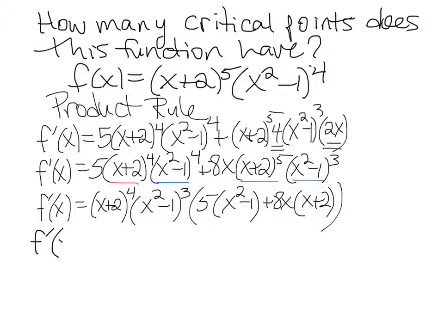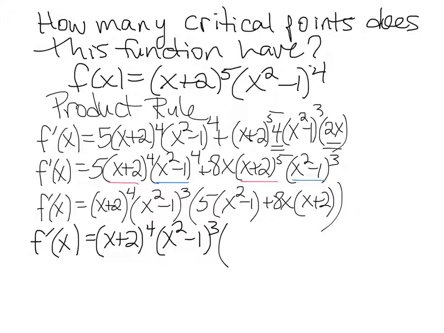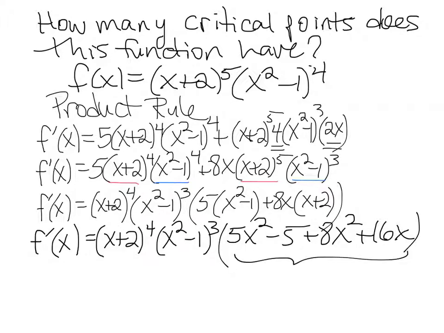We get f'(x) = (x + 2)^4 (x^2 - 1)^3, and inside those parentheses, 5x^2 - 5 + 8x^2 + 16x. Clean this up, it becomes 13x^2 + 16x - 5.